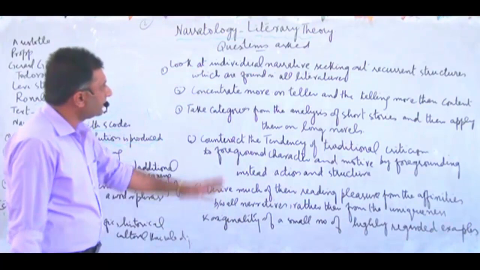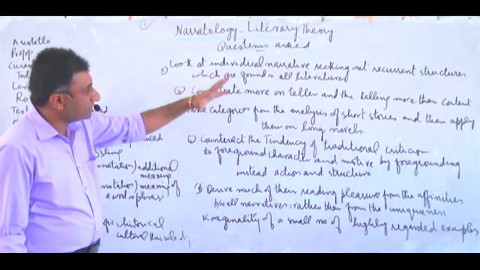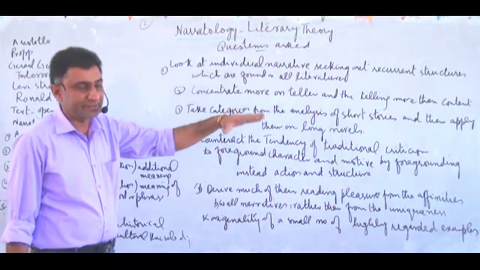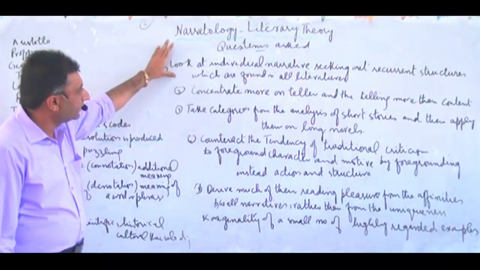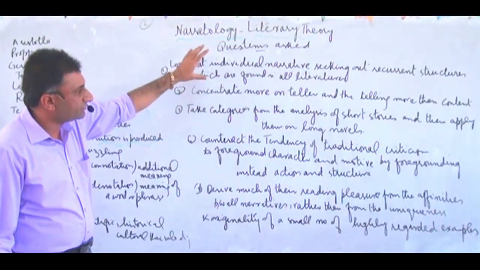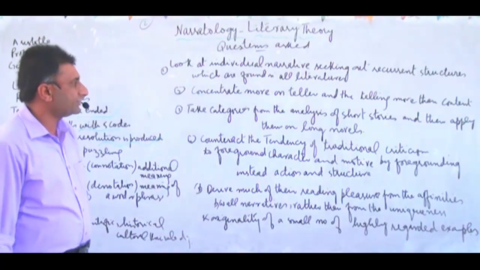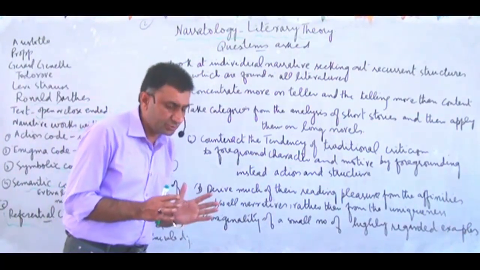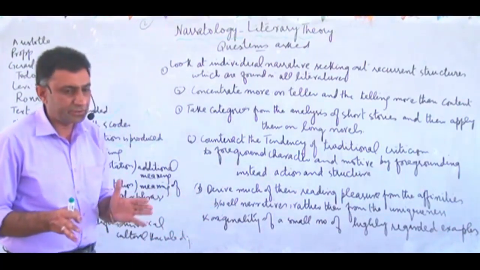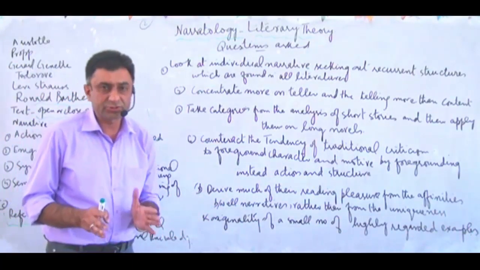Now the next most important thing is what are the questions which are asked by these critics. So the very first one is that they look at individual narratives seeking out recurrent structures which are found in all literatures. Individual literature, they are going to understand a drama, a novel, a short story.